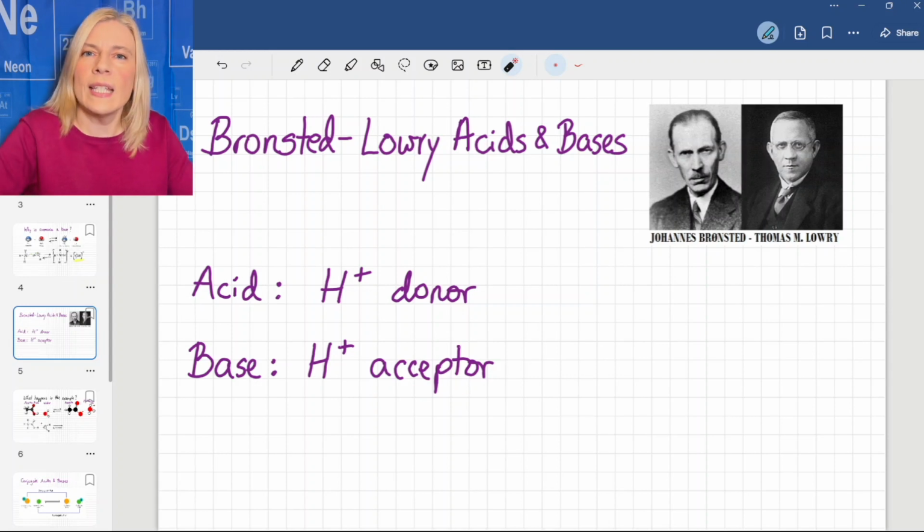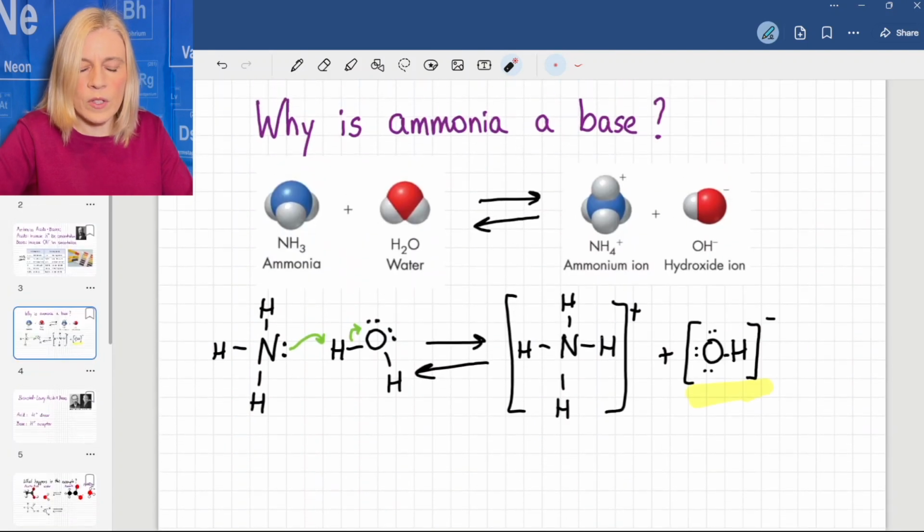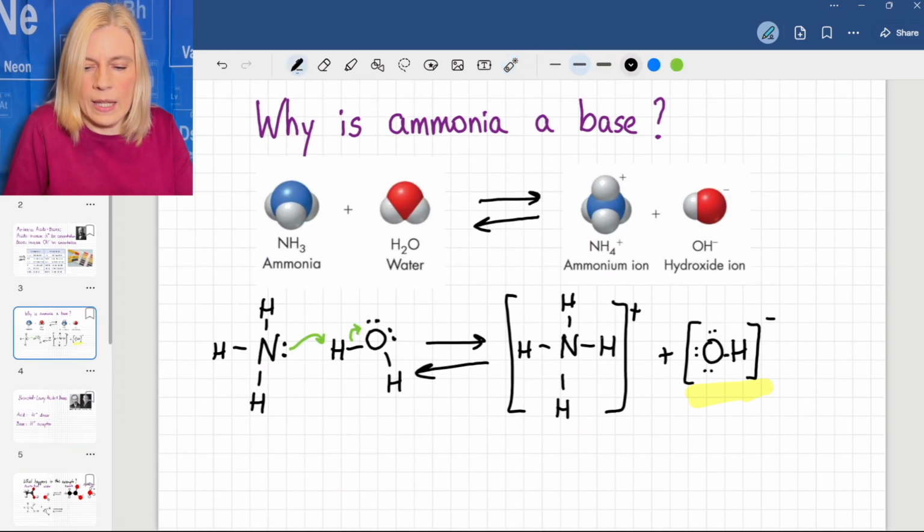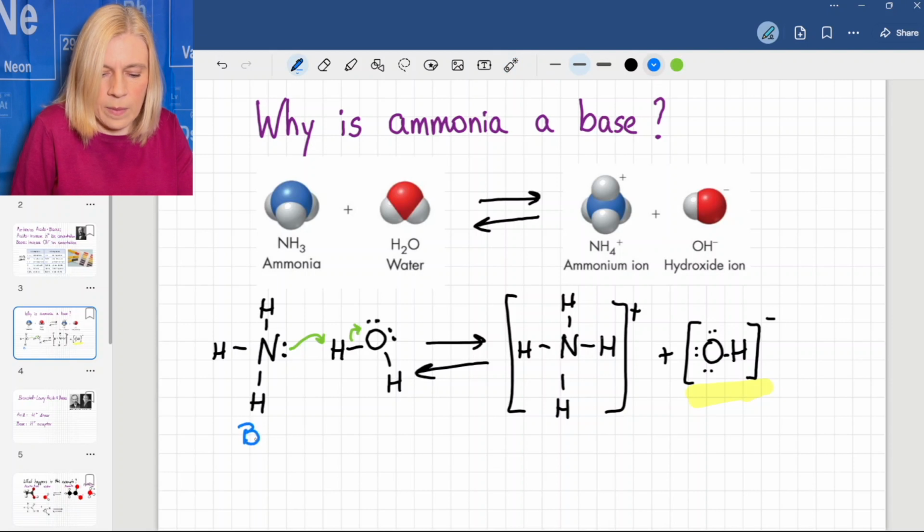So with this definition in mind, let's go back to our ammonia example. What happened here? Ammonia accepted an H plus, so ammonia here is a base.